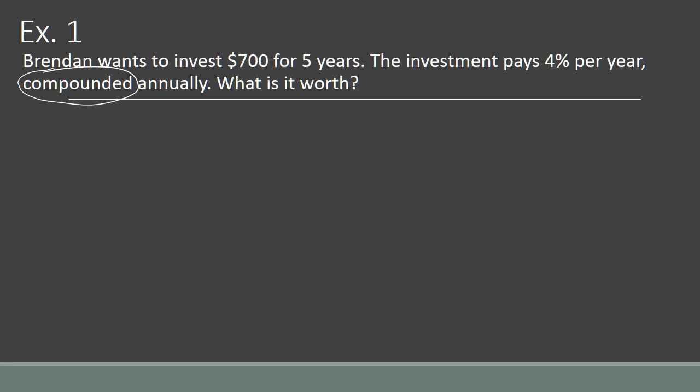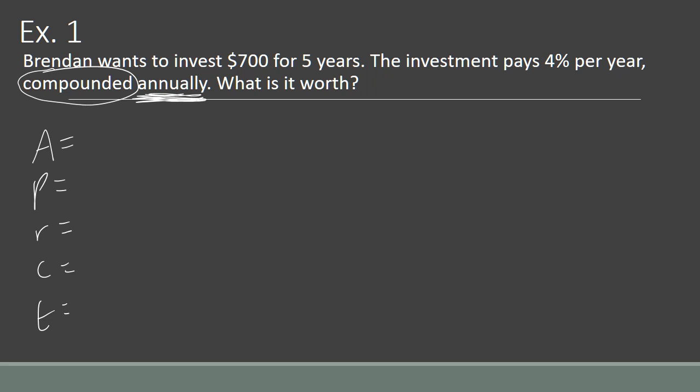The next thing you want to look for, once you've identified that it's compound interest, what is the compounding period? Which is almost always going to be the word that follows compound. Annually. And then what number did we think annually was? Once a year, it's 1. What is it worth? It's asking you, what's the final value? What's the future value? Just like for simple interest, it's a good idea to get in the habit of writing all these letters down that you're going to use.